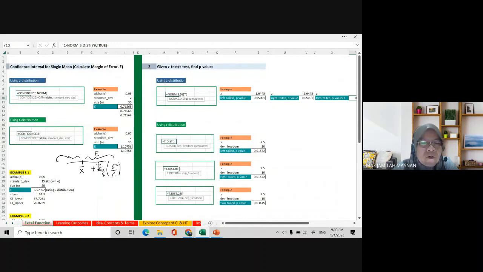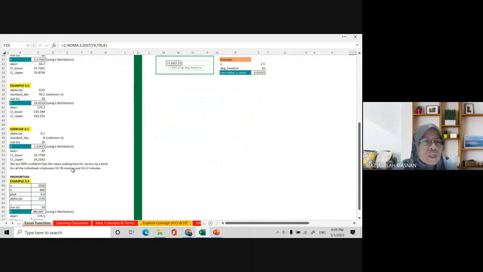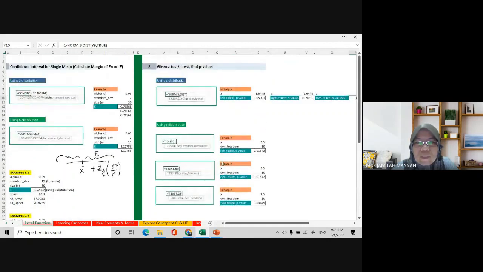But since for the proportion we don't have the standard deviation, we only rely on the value of alpha as well as the critical value or the Z. Since we are dealing with Z, for proportion it is always the Z distribution, so we are going to use this one, norm. Let me check. It's almost the same as the T distribution.